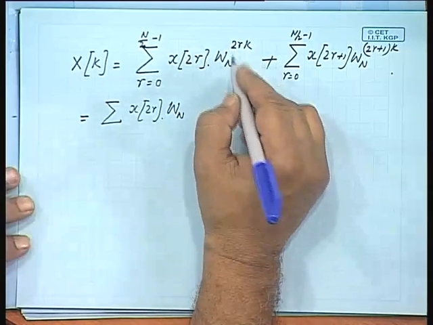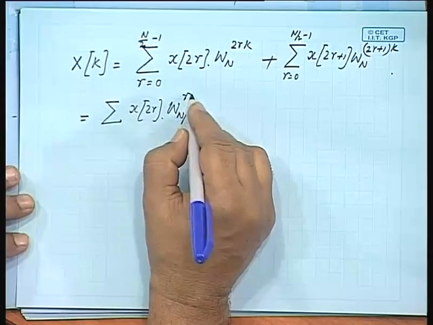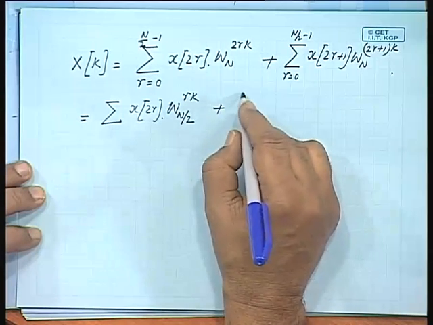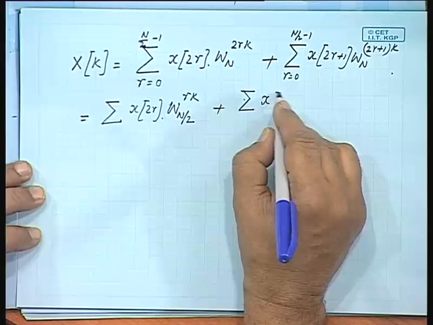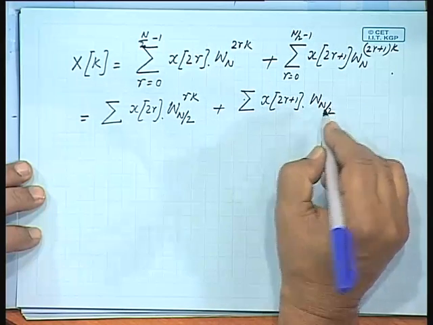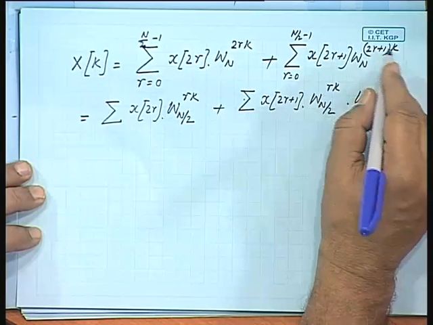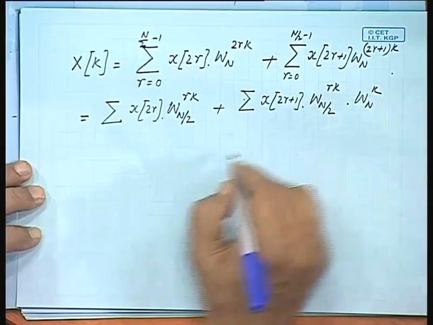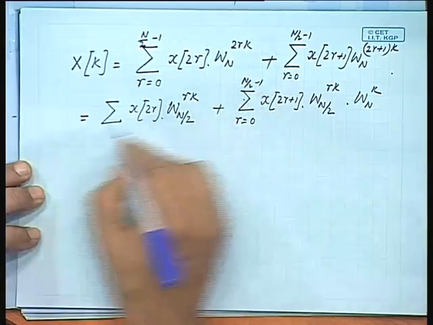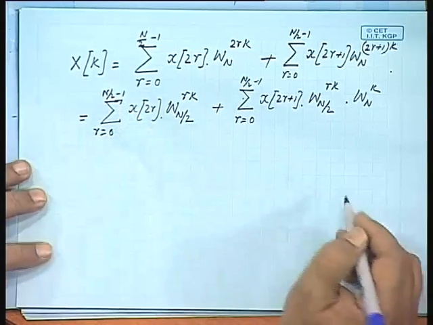Now, this 2 can be brought down here, plus x(2r+1) W_N by 2 to the power rk into W_N^k, again r varying from 0 to N by 2 minus 1.